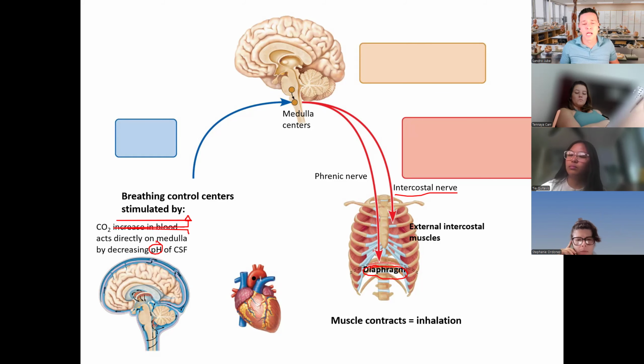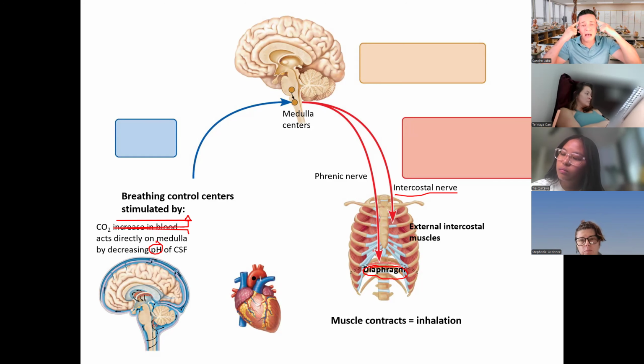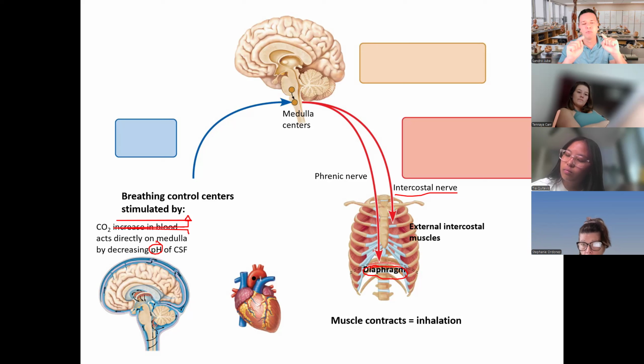And that is going to cause our blood to become more acidic. And when our blood becomes acidic, our CSF becomes acidic because the CSF is made from the blood. And when the CSF is acidic, that is going to activate the breathing center in the medulla.